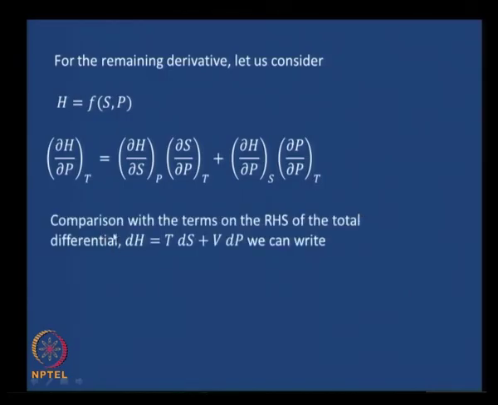Now, comparison with the terms on the right hand side of the total differential, dH equals TdS plus VdP. This is the total differential of dH.